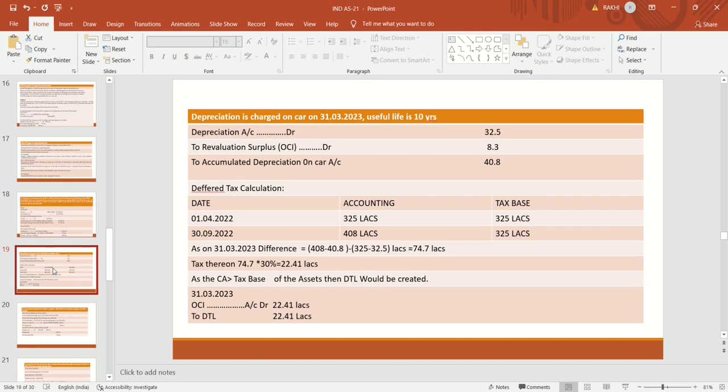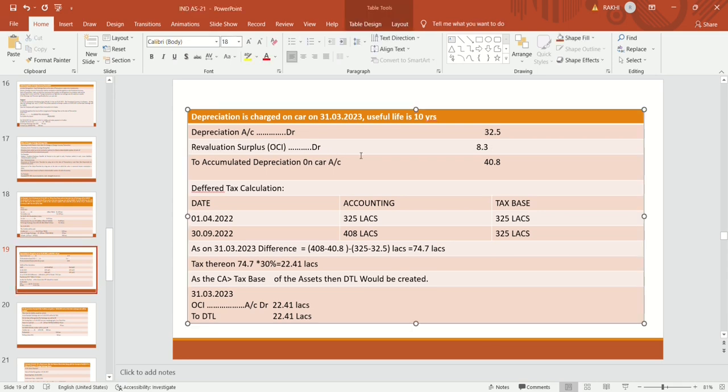This depreciation is to be adjusted with the depreciation charge to P&L of 32.5, and the remaining balance is to be adjusted with revaluation surplus OCI, which was created earlier at the time of revaluation. So depreciation account debit 32.5, revaluation surplus OCI 8.3, to accumulated depreciation on car.